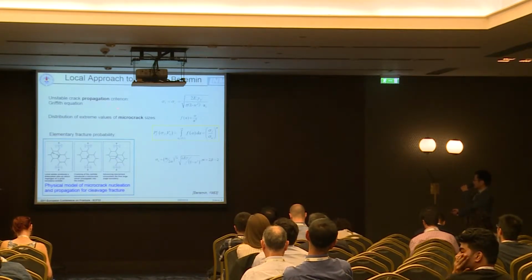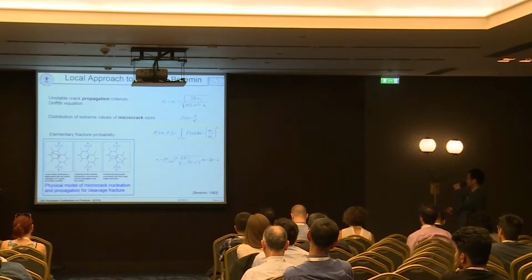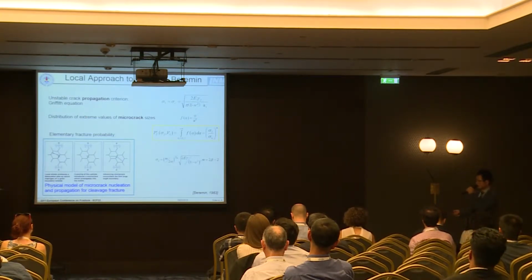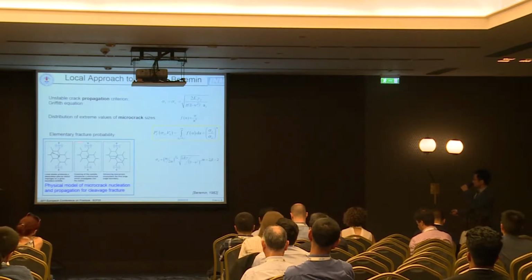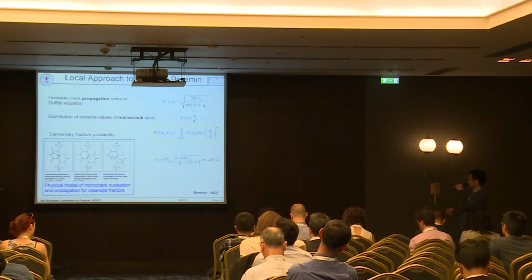In this local approach to fracture, the microcrack size distribution follows the power law. Here, F and beta are the two parameters to describe the distribution. And then for a small element, the fracture probability is shown in this equation.